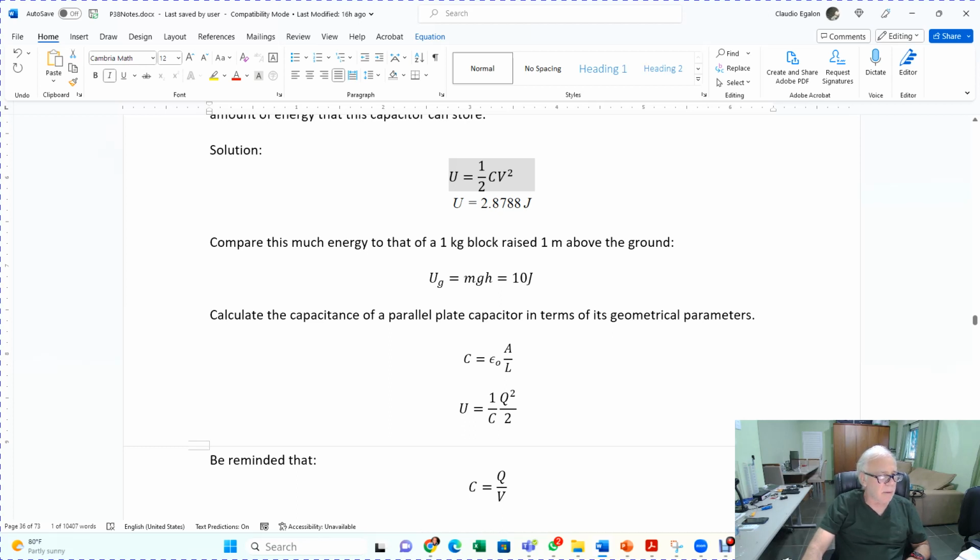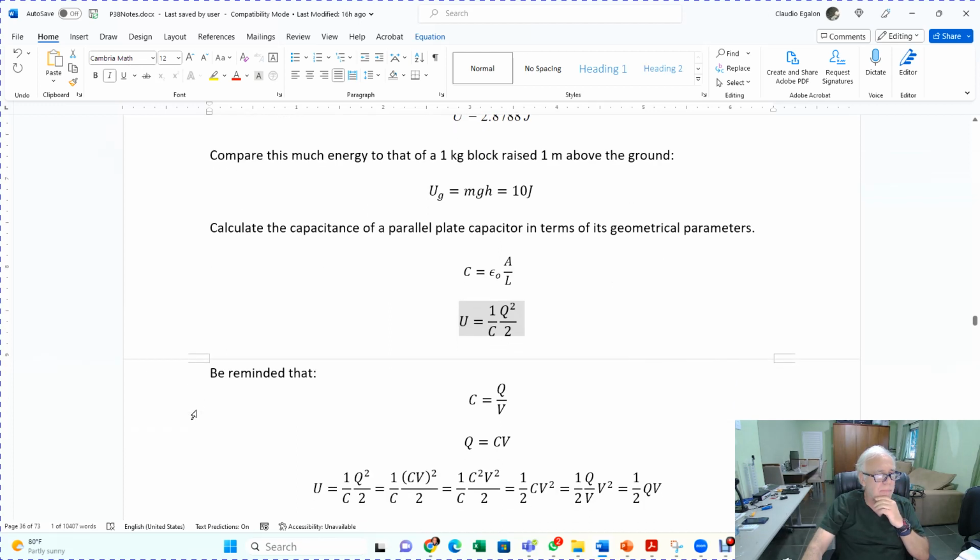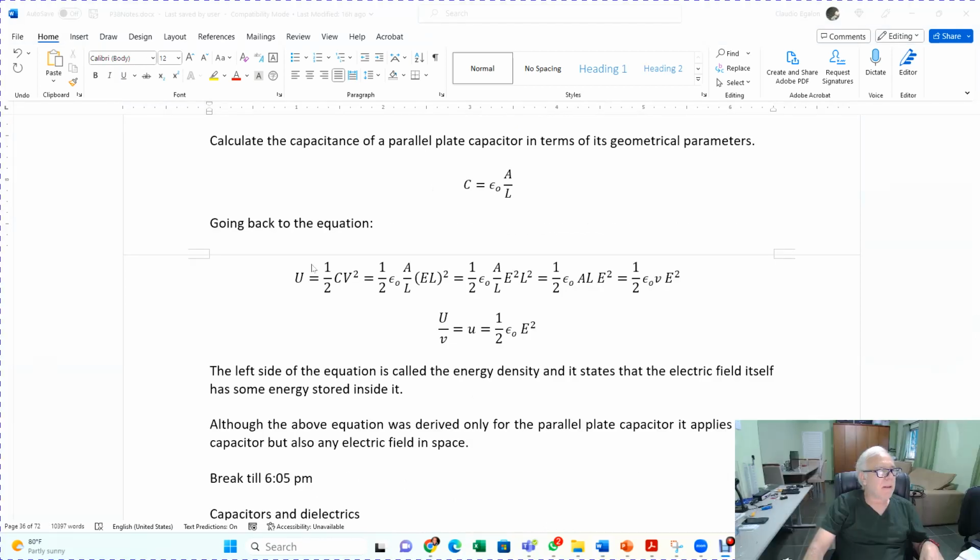We start with the capacitance of a parallel plate capacitor. I'm going to use this equation right in here. And just remember that the capacitance of the parallel plate capacitor is epsilon naught times the area divided by the distance between the plates.